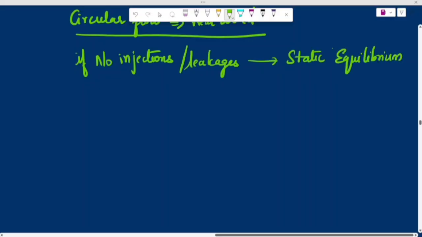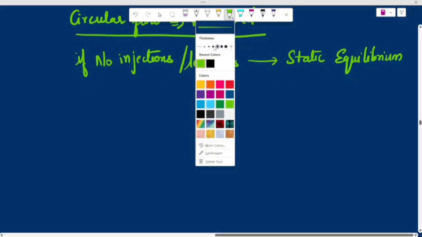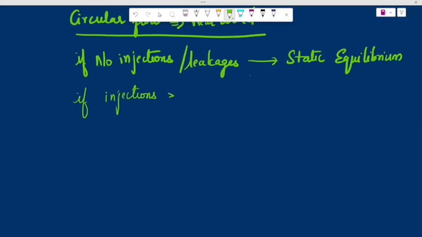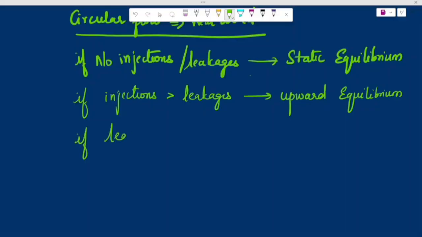Whatever they are getting, they are utilizing to purchase the goods and services which are sold by factories or firms. If injections are greater than leakages, there will be upward equilibrium. I mean that if exports are greater than imports, it will be upward equilibrium. If leakages are greater than injections, then it is called downward equilibrium.